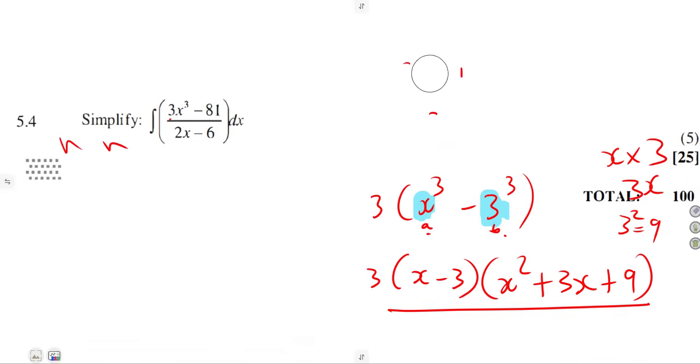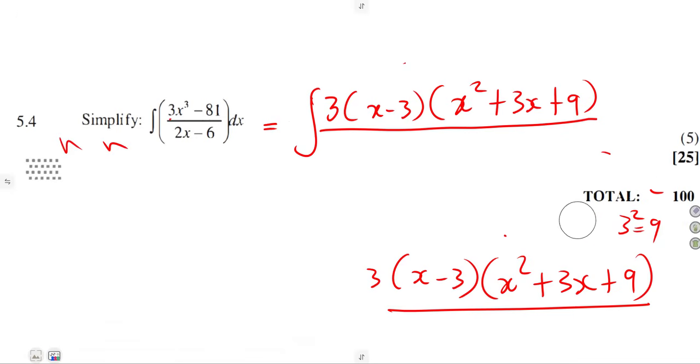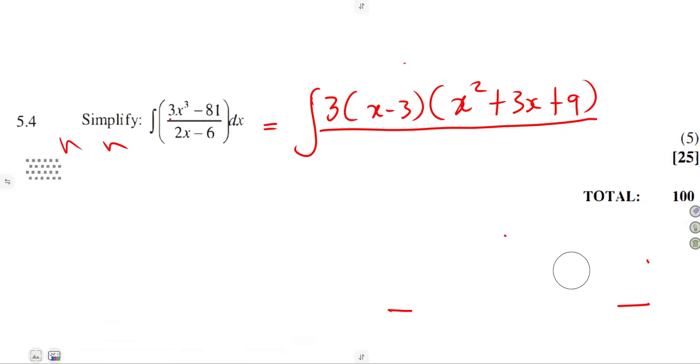This is what you were going to have here. So it's the integral of 3 into this bracket, x minus 3, into this x squared plus 3x plus 9, everything over the denominator. And our denominator can also be factorized. As we can see, this is 6, so 2 is common.